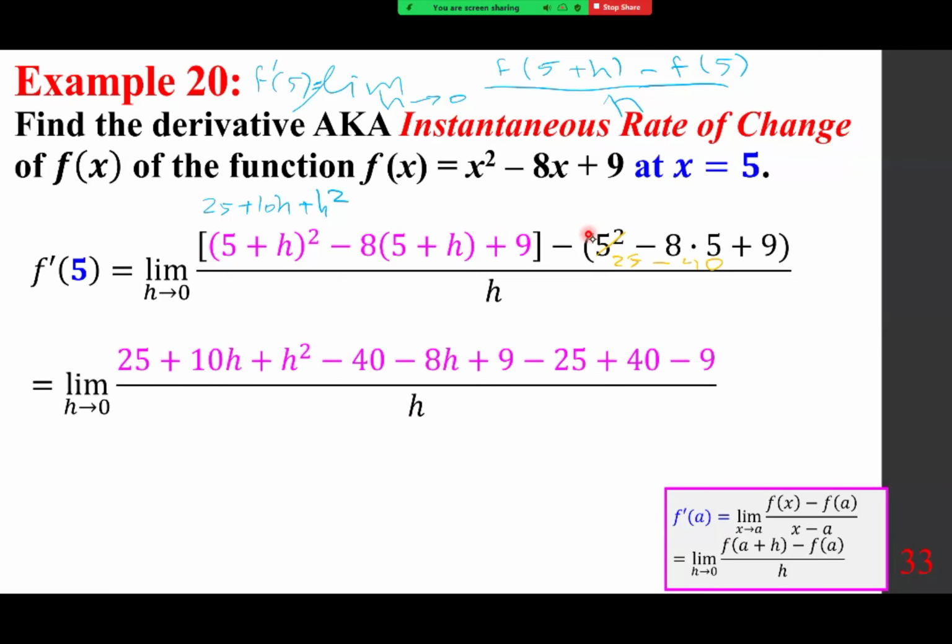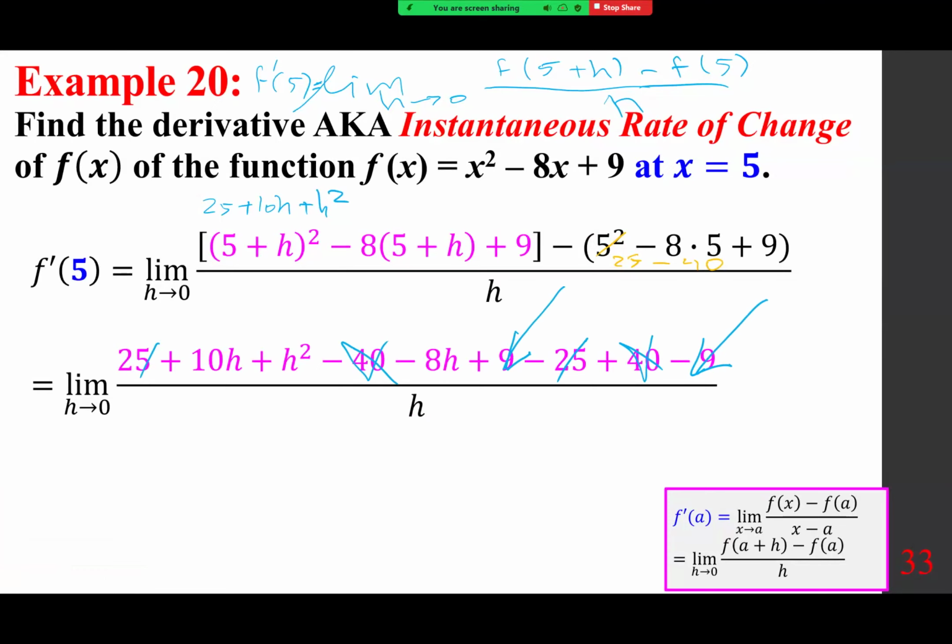And the reason I do that, it makes it easier to see that 25 and negative 25 cancel each other. Minus 40 plus 40 cancel each other. Positive 9, negative 9 cancel each other. I think it makes it easier to see.